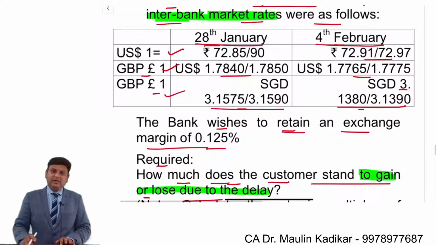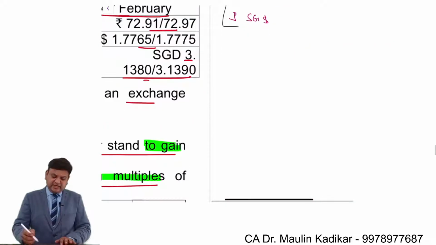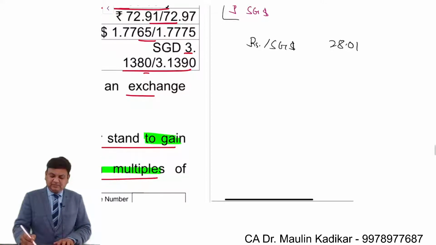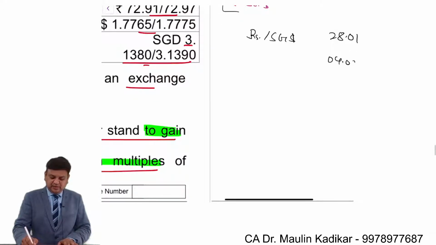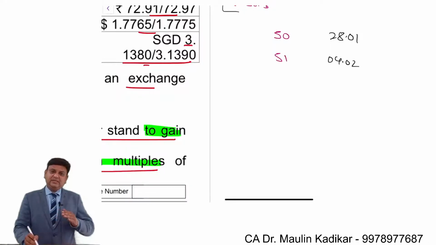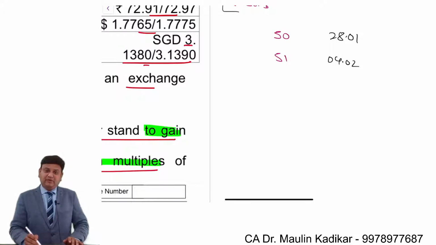So friends, over here we will compute the exchange rate for rupees per Singapore dollar on 20th of January and at the same time on 4th of February. Suppose it comes like this, over here it is 50 and over here it is 51, for example, meaning purchasing 1 Singapore dollar is becoming expensive by 1 rupee.